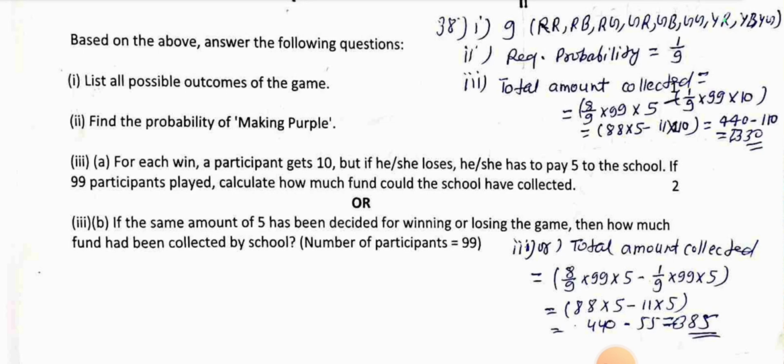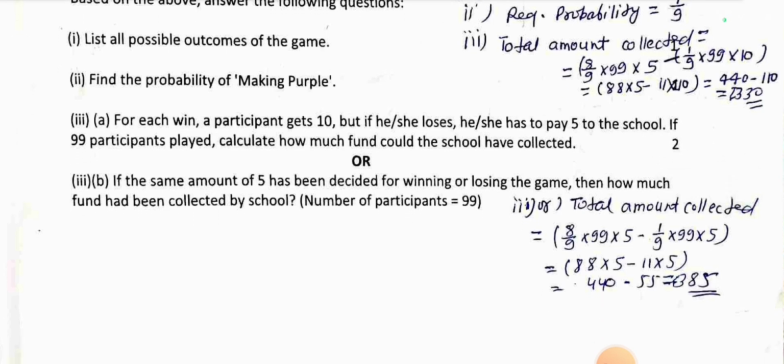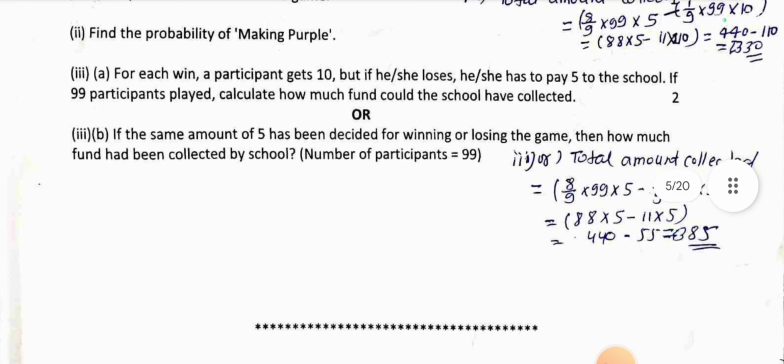Total amount collected again: 8 by 9 into 99 students into 5, and on this side also 1 by 9 into 99 into 5. You will get 440 minus 55, 385. So the total fund collected by the school is 385.